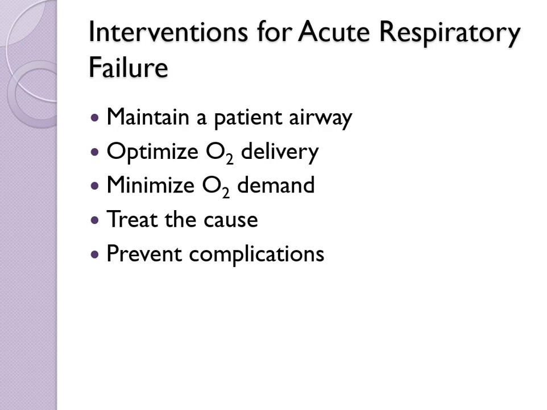If it's a low hemoglobin issue, I want to transfuse, give them blood products. If it's a low cardiac output problem, then I need to give them a blood pressure. I need to treat the cause, whether it's ARDS, COPD, asthma, pneumonia, sepsis, put a chest tube in, all of those kinds of things. And then I need to prevent complications.